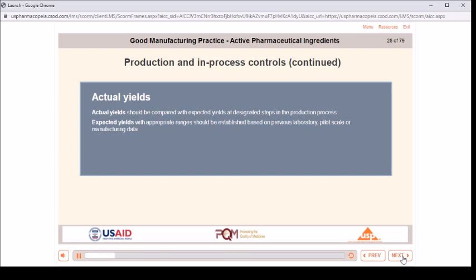Production and in-process controls. Continued. Actual yields. Actual yields should be compared with expected yields at designated steps in the production process. Expected yields with appropriate ranges should be established based on previous laboratory, pilot scale, or manufacturing data.